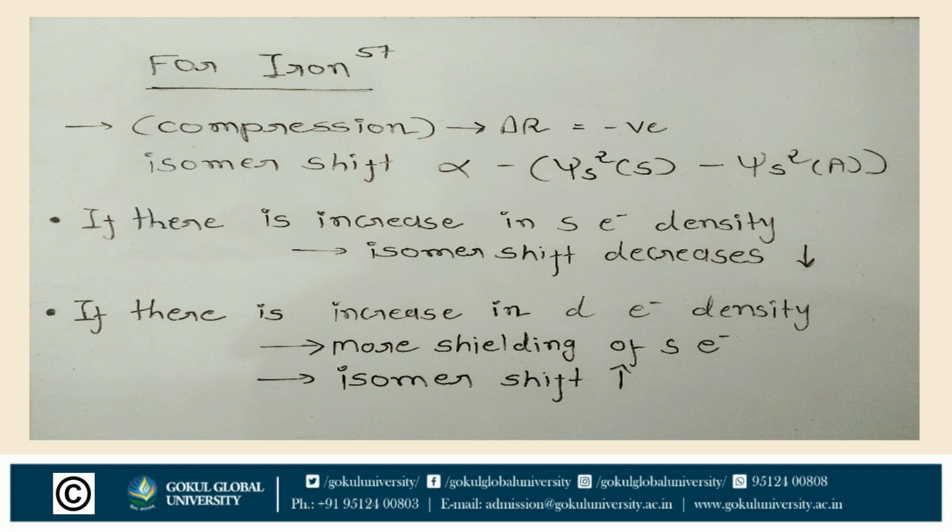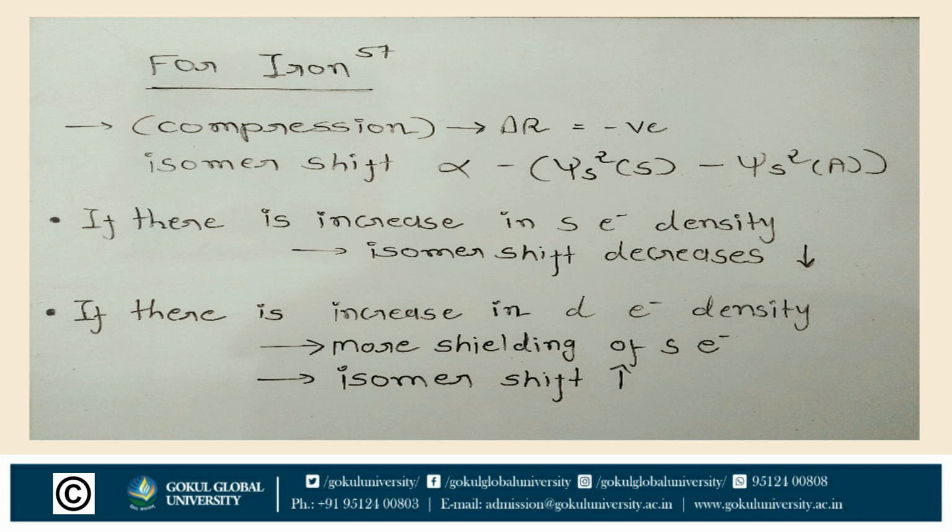It means the radius of the nucleus in the excited state is lesser as compared to the ground state, so this difference delta R is negative. So the isomer shift will be affected negatively with the change in s electron density.